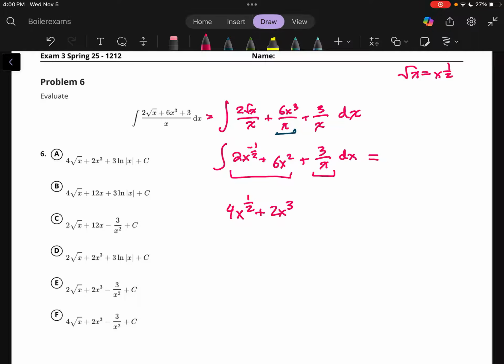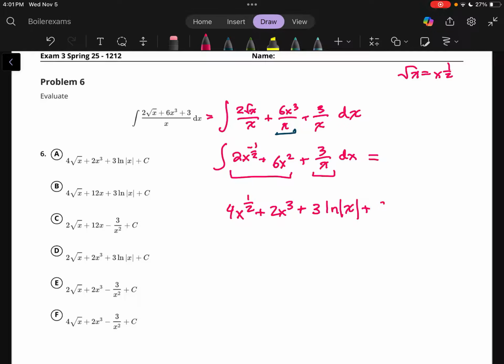We can't use the power rule for 3 over x, but if you remember your derivative rules, the derivative of natural log of x is 1 over x. So the antiderivative of 1 over x is natural log of x, which means the antiderivative of this is 3 times natural log of the absolute value of x. Anytime we're taking the antiderivative of 1 over x, we need an absolute value around the expression in the denominator.